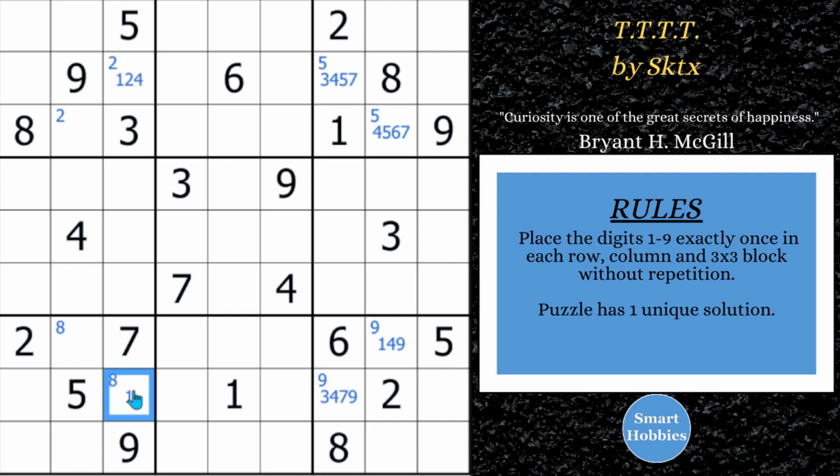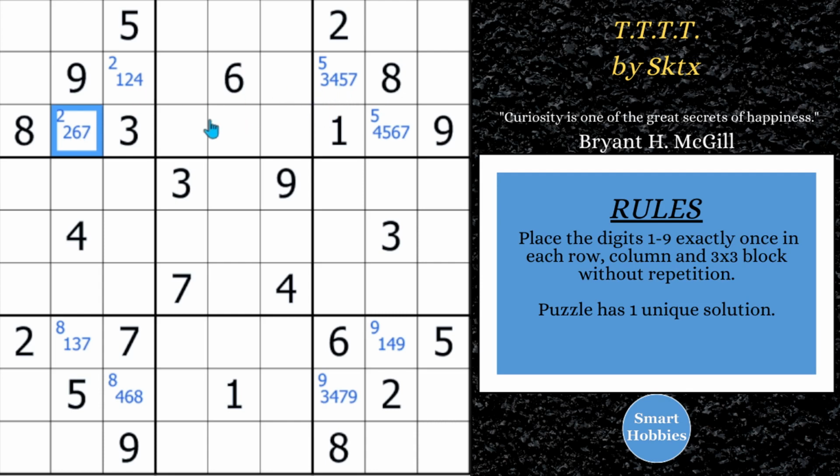A 1, 2. 1, 2, 3, 5, 7, 9. So 4, 6, 8. And then feeding into this cell, you got a 2, 4, 5, 6, 7, 9. 1, 3, 7. And then right here, you got a 1, 3, 4, 5, 8, 9. So 2, 6, 7.